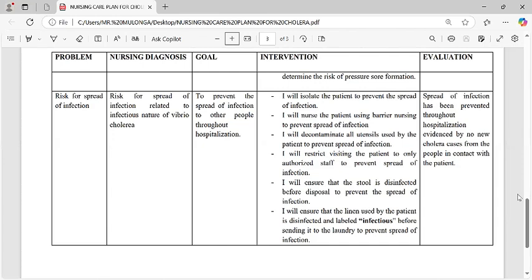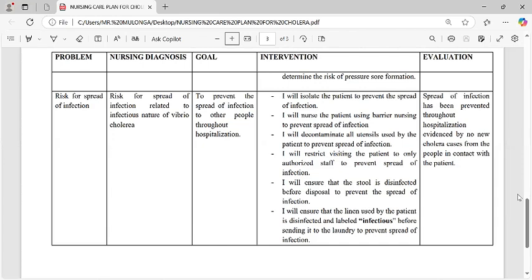So these are some of the problems that we can come up with. But of course, there are other problems that we can also include for cholera, such as, number one, muscle cramps, which can be categorized as pain.